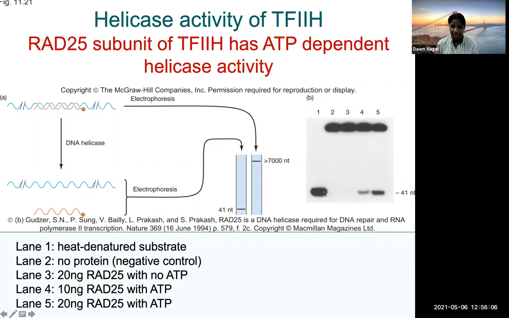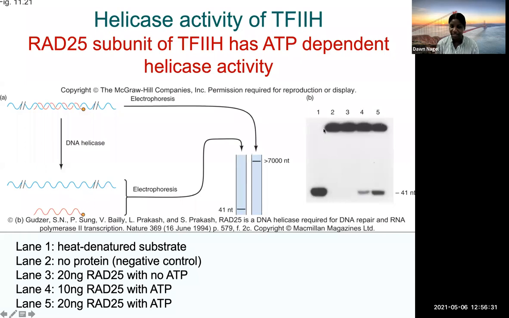So lane 1 is really just the heat denatured substrate, right? So if you denature the substrate by increasing the temperature, like we always do, you can see that you have this lower band that you're seeing here, right? So the complex is separated. In lane 2, you have this double-stranded molecule without any protein, right? So that's your negative control.